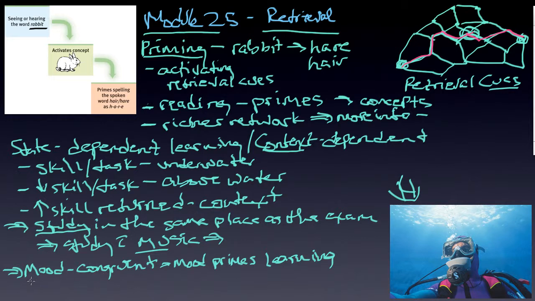So memories tend to be mood congruent. When I am depressed, I will look at people in negative ways. When I'm not depressed, oftentimes my memory of them will be very different. And that's another key component when we're talking about retrieval cues: mood.